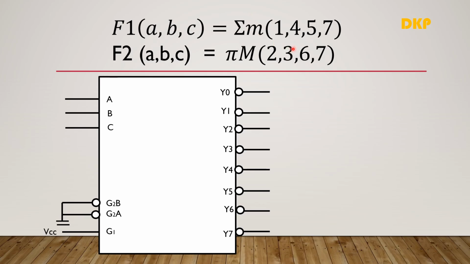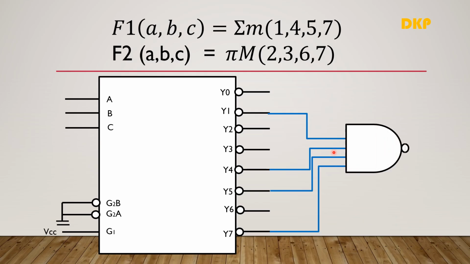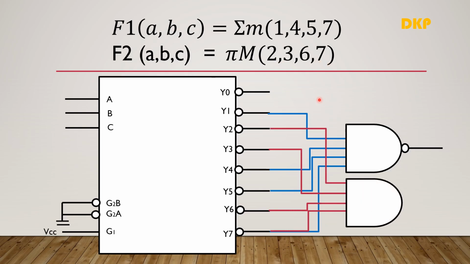Summation M of 1457, these outputs, that is Y1, Y4, Y5 and Y7, should be connected to a NAND gate so that you will get the output F1, and 2367, that is Y2, Y3, Y6 and Y7, should be connected to an AND gate to get the output F2.